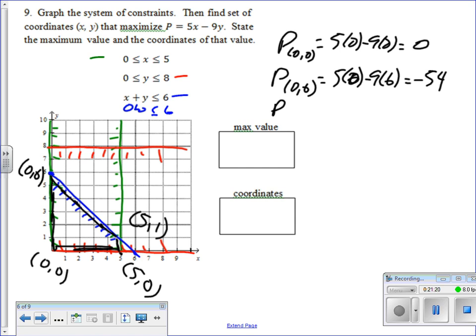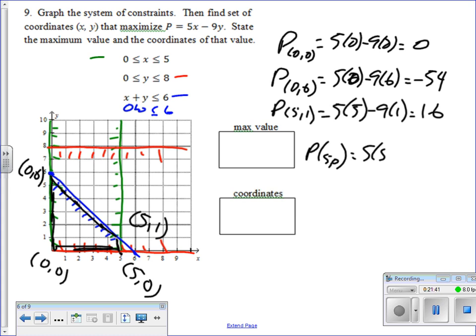And then I have P(5, 1), which is 5 times 5 minus 9 times 1, which is 25 minus 9, is 16. And then I have the point P(5, 0), which is 5 times 5 minus 9 times 0, which is 25.